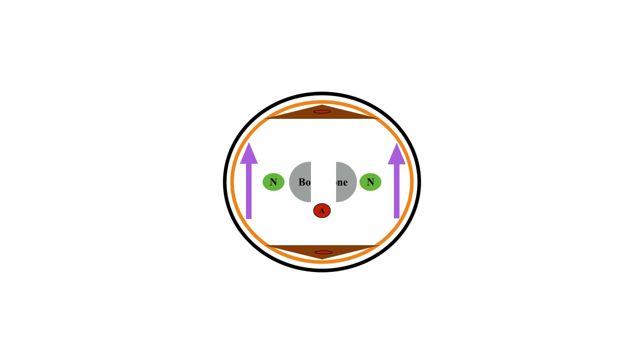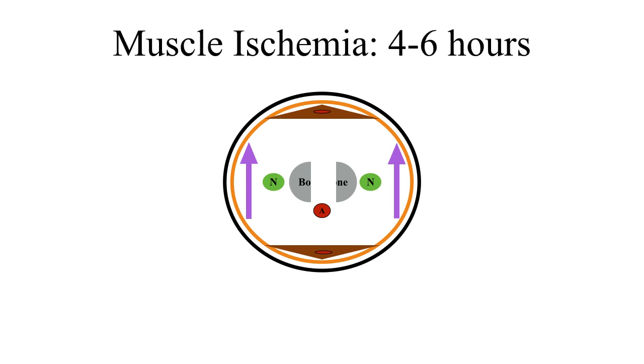Once the capillaries that supply the muscle are occluded, it results in muscle necrosis. This muscle ischemia and necrosis happens within 4 to 6 hours of compartment syndrome. This is an important step because compartment syndrome has to be treated before this muscle ischemia occurs. That is, treatment has to be within 4 to 6 hours to prevent muscle necrosis.